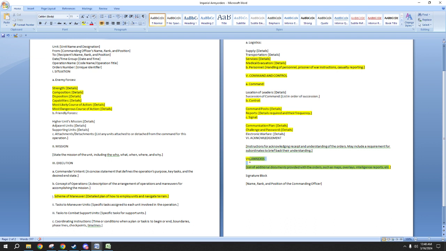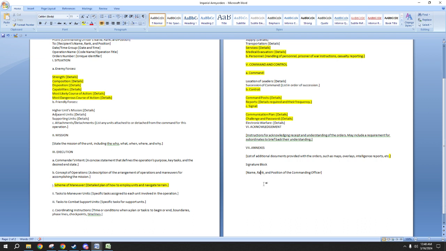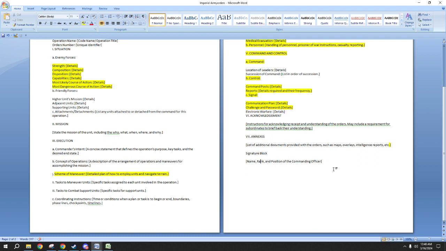And this isn't bad either, if we do find where there might be additional maps or something like that. Putting your signature is no more than just typing your name at the bottom, just so that you've confirmed that you have sent this and that you're happy with its composition and that everything is a-okay.